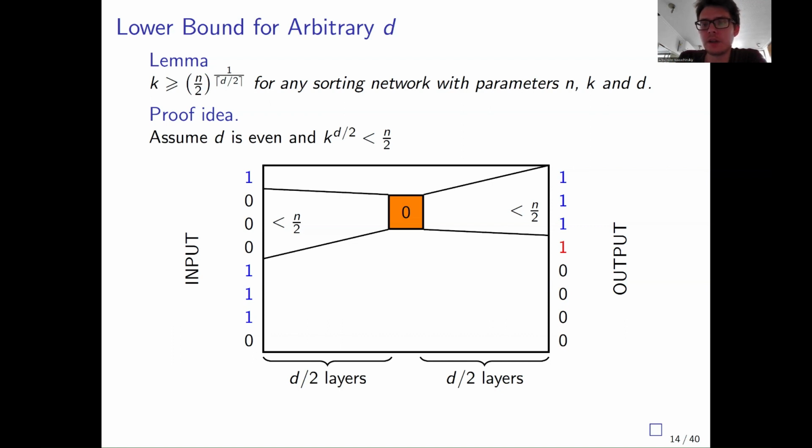But the point is that since this red 1 is out of the set which may depend on this orange cell, it cannot flip from 0 to 1 if the only thing which changes in the middle column is the orange cell. So we obtain a contradiction.